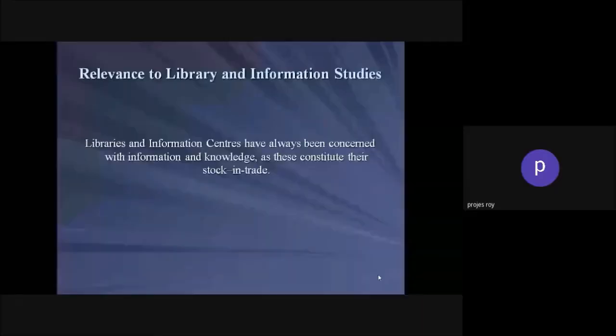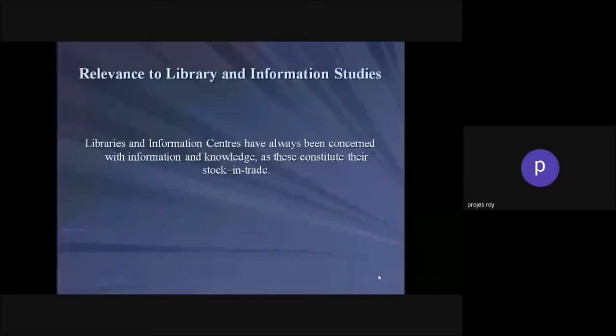Now, relevance to library and information studies. We will say the library is specifically based on information. The primary source of information in a library is mainly journals and newspapers, since probably the majority of libraries subscribe to them.